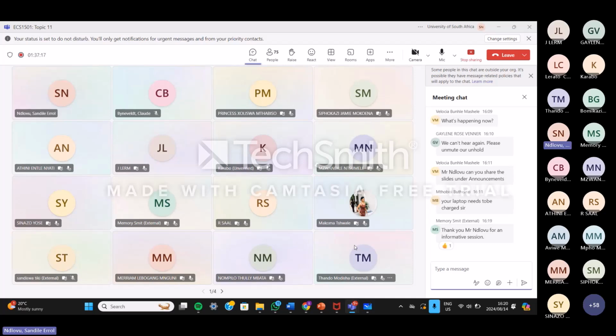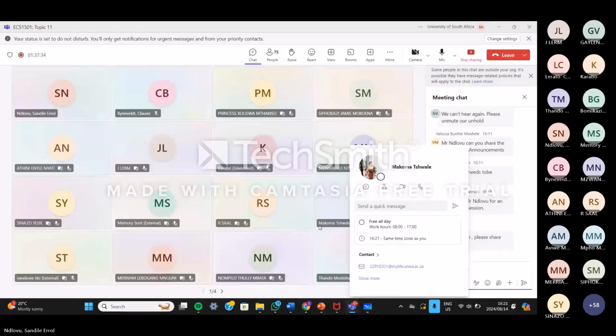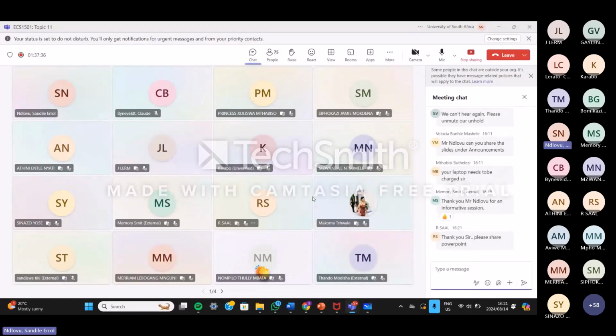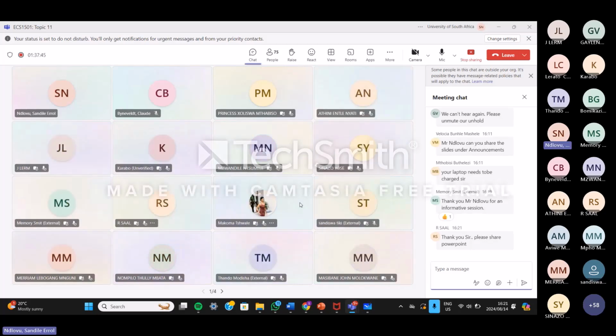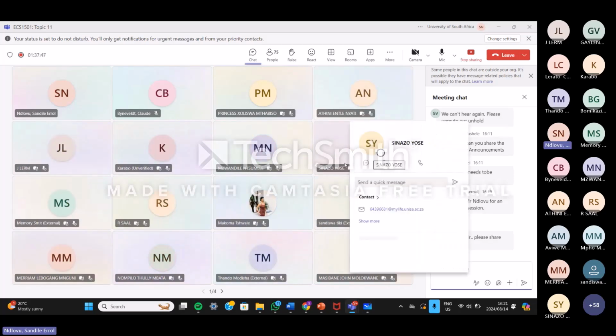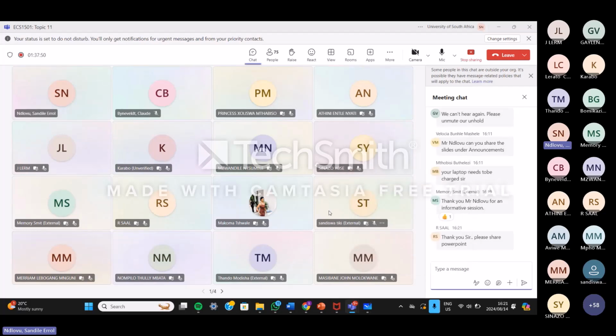For this section, make sure that you understand your formula, understand what we mean by price elasticity, income elasticity, know what we mean by elasticity of supply, know what we mean by the determinants of supply, study all these concepts, and then for the assignments, you should be well prepared. If you go through this video and all of your notes, you should be well prepared for all of your assignments.